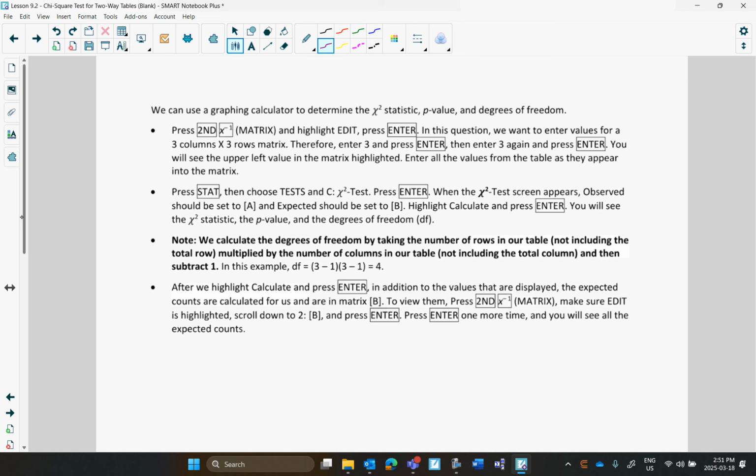Well, to enter a table, we use something called a matrix or an array. So go to second, and then the X to the -1 button, which above in blue says matrix. We want to enter the values for a 3 by 3.